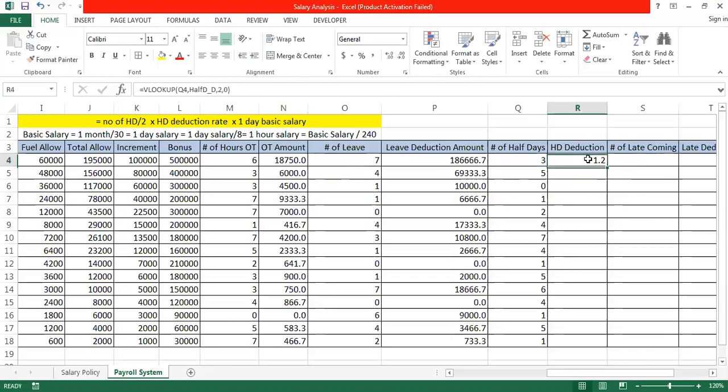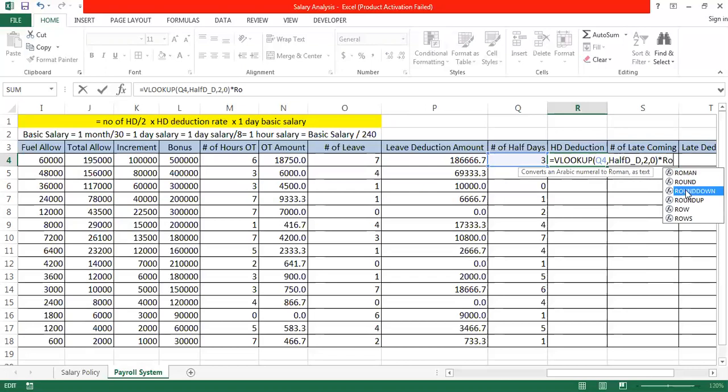Half day deduction rate multiply by number of half days. Multiply by, so for number of half days we will have the ROUNDDOWN formula. ROUNDDOWN number of half days divided by 2, with 0 digits in decimal.